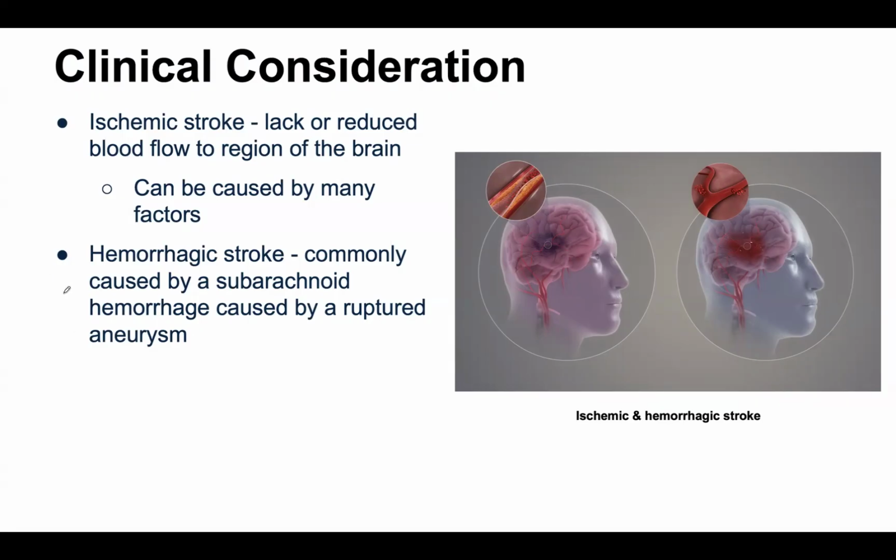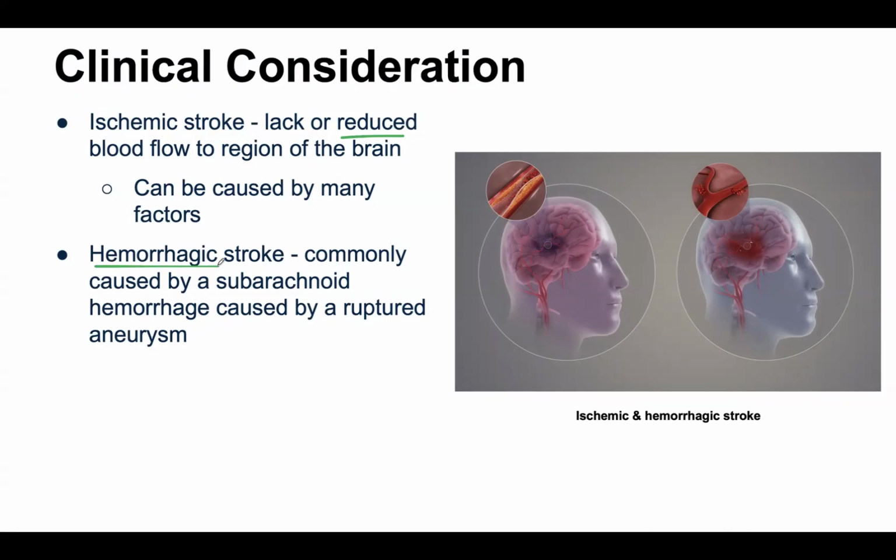And ischemic strokes occur with a lack of or just a reduction of blood flow to a region of the brain. And this can be caused by a multitude of factors, such as pathology in the lumen of an artery, with a thrombosis or an embolus, occluding the blood flow to a certain region.